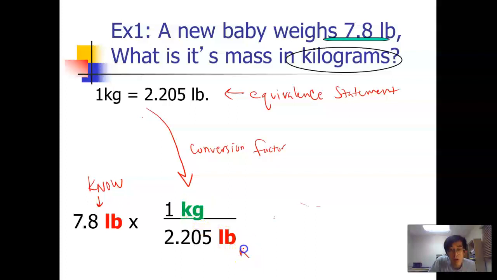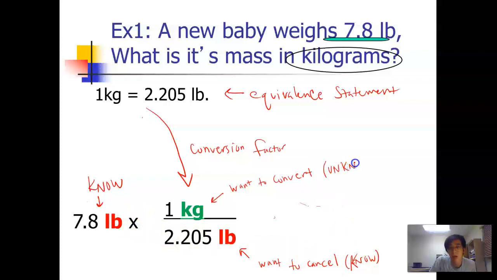So you want to cancel pounds, right? And I want to convert to kilograms. So I want to change from what I know, cancel what I know, and then find what I don't know, right?